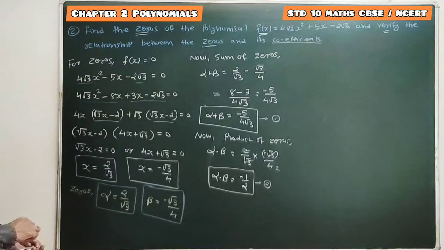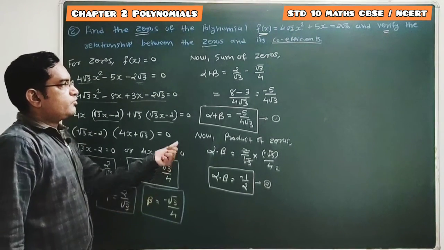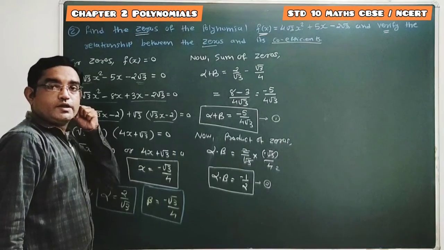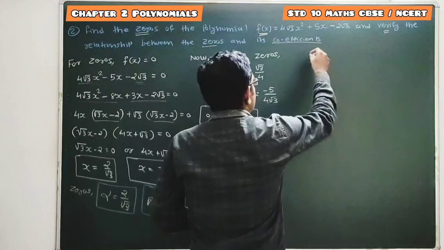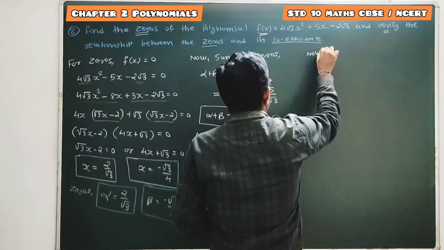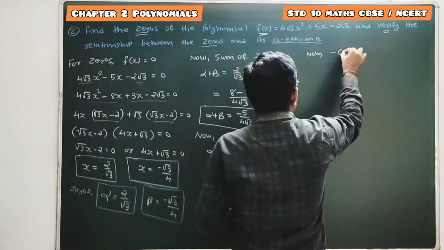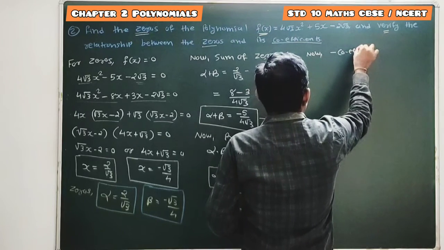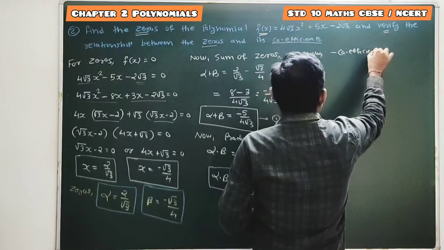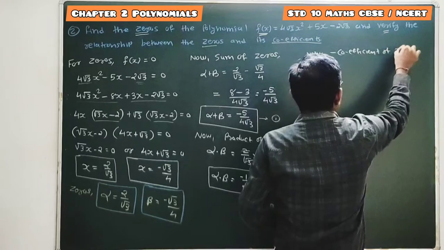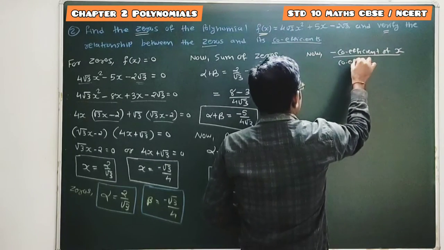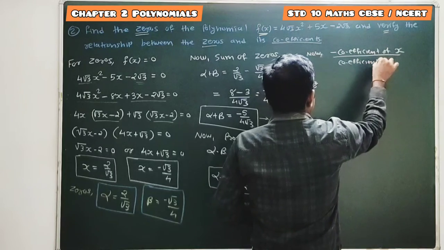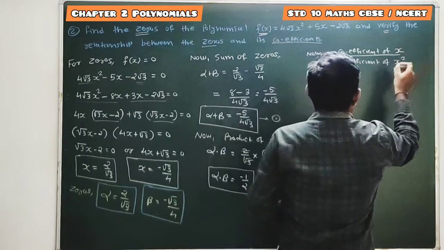Done. Now for verification, what we have to prove? We have to prove the sum of zeros is equal to one ratio. Which ratio? Minus of coefficient of x upon coefficient of x square.